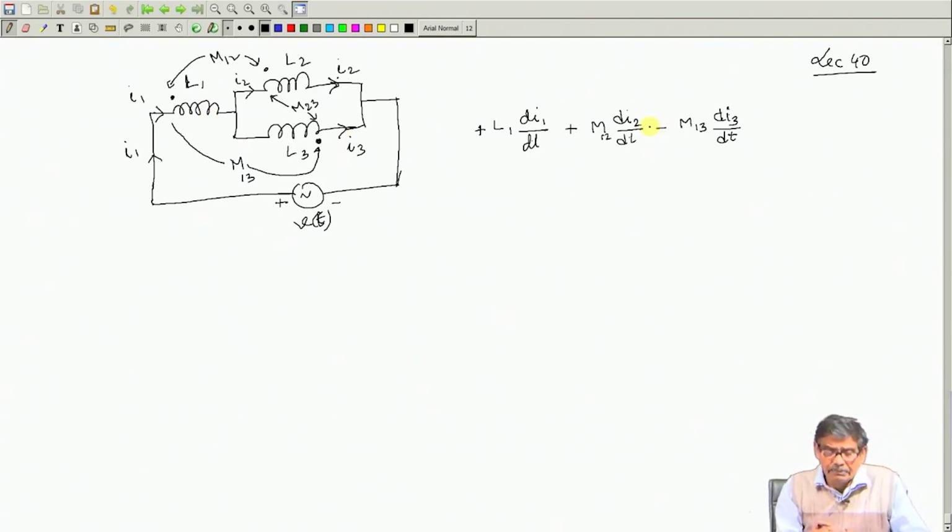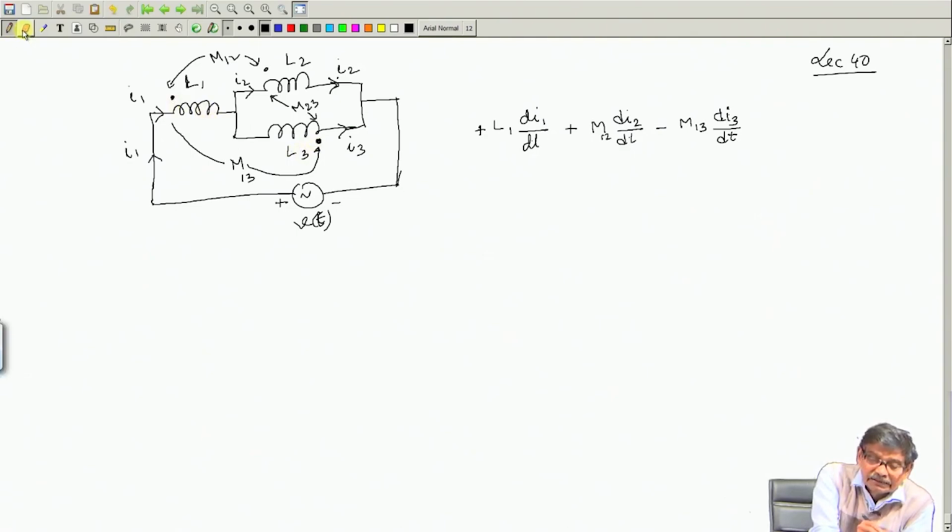I am now avoiding all those small steps. Your understanding should be at this level now. Quickly you should write it, or you think in this way: for these two coils, these two are dots, then these two are also dots. At best you can mark the second pair with squares.